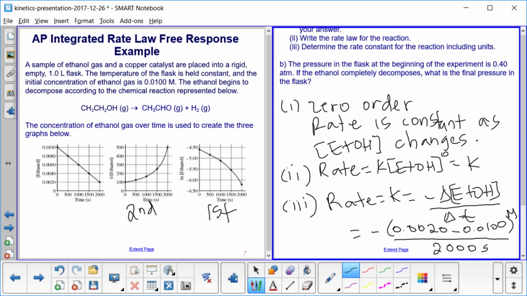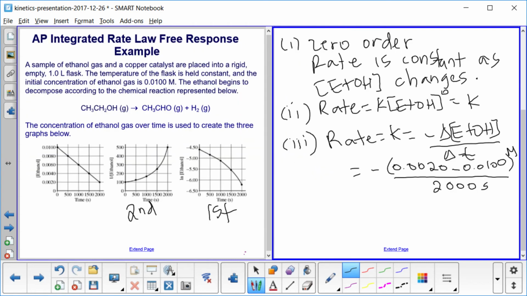That's seconds. Okay, so just finding the slope there. So that difference is going to be negative. Then I have a negative here, gives me a positive. So K is 4 times 10 to the minus 6 molarity per second. Okay? Beautiful. So that's part A.